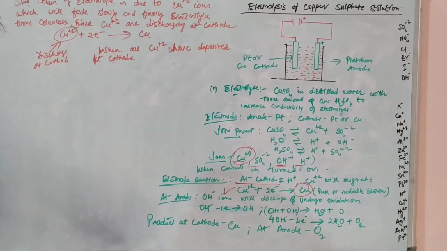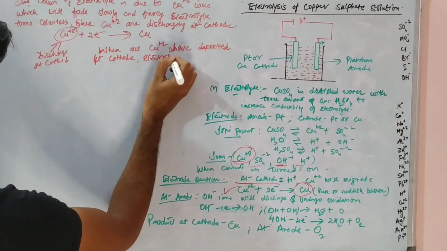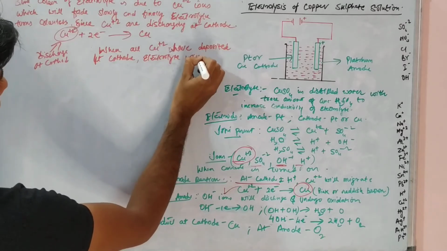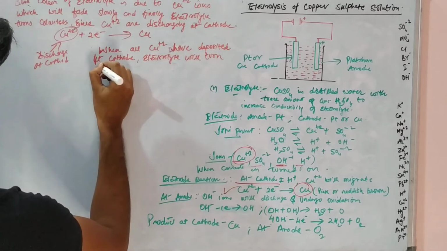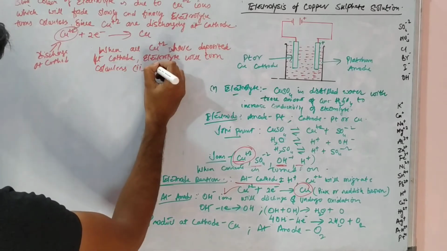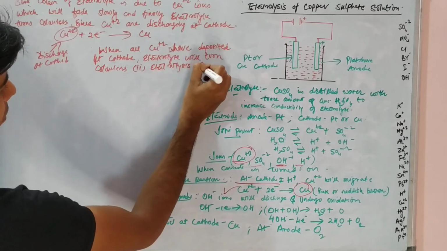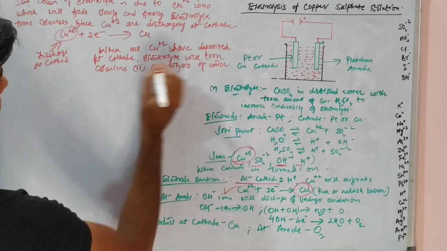The first thing that will happen is the electrolyte will turn colorless. And the second thing that will happen, electrolysis of water will start.